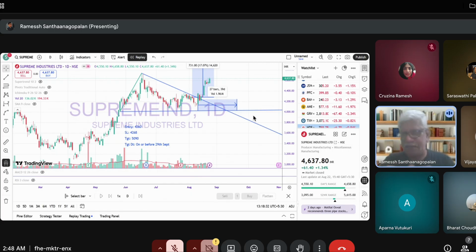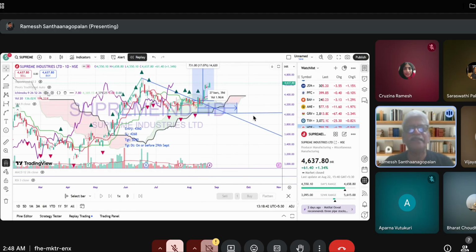Otherwise, some people who are ready to take more risk would have entered this stock on this day itself, when the stock was at 4242. They would have entered at 4242 also. But the problem is the high risk on this particular day.